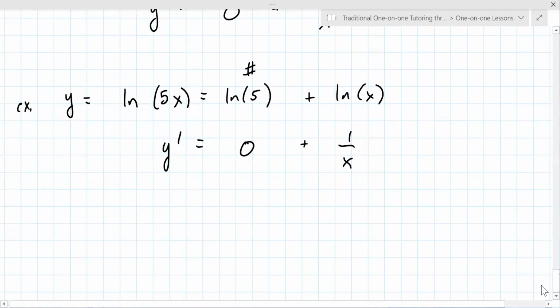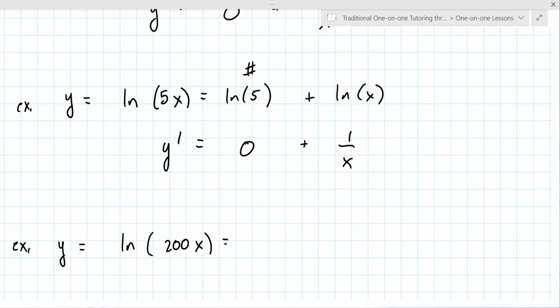Let me give you another example. Let's say y is equal to the natural log of 200x. It breaks apart, right?